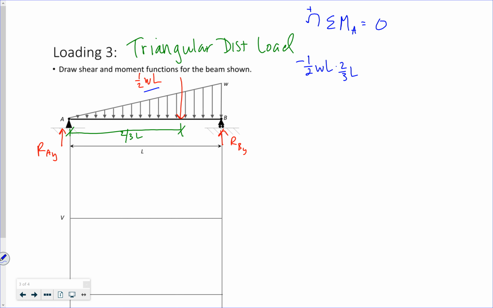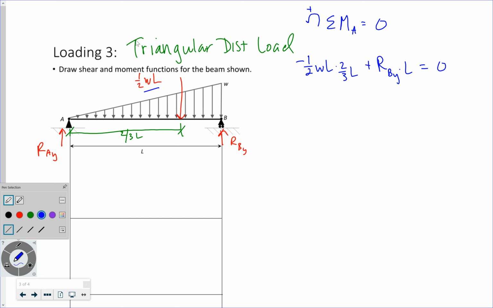And acting counterclockwise, so it's positive, my reaction at B times L. All right, I can just cancel those L's out, and cancel those 2's. So my reaction at B in the Y direction is 1/3 WL.